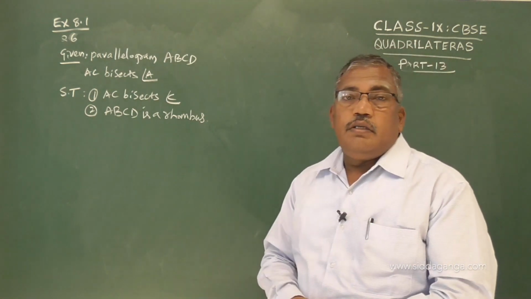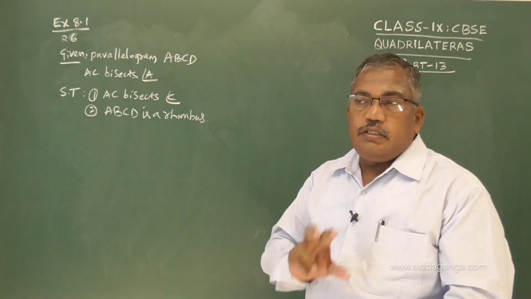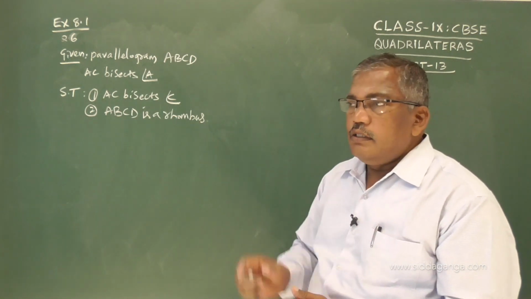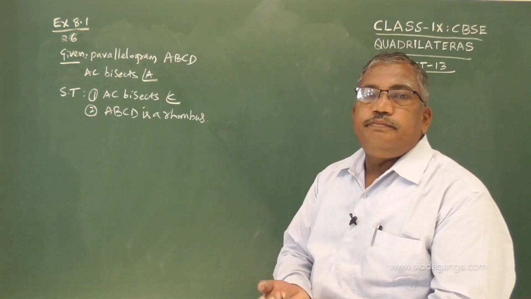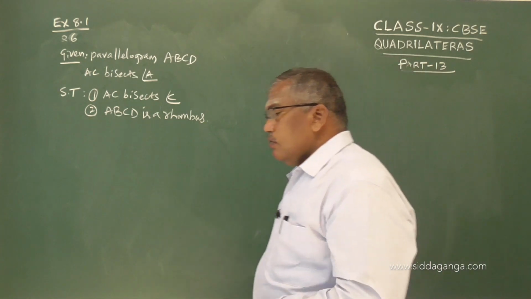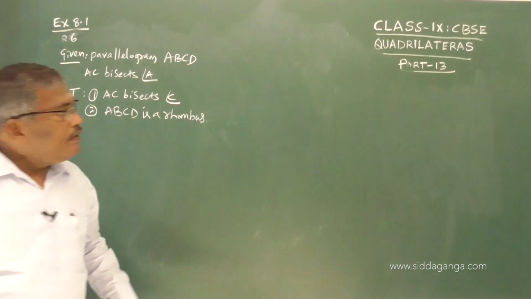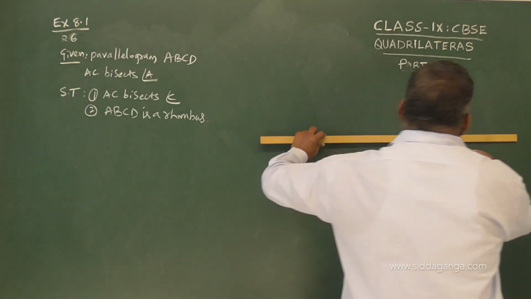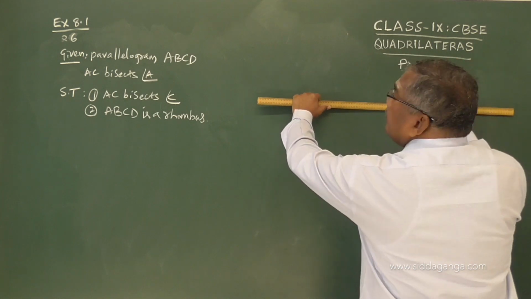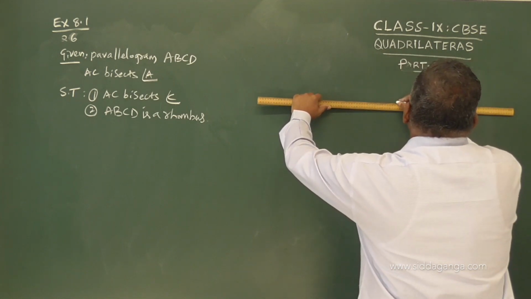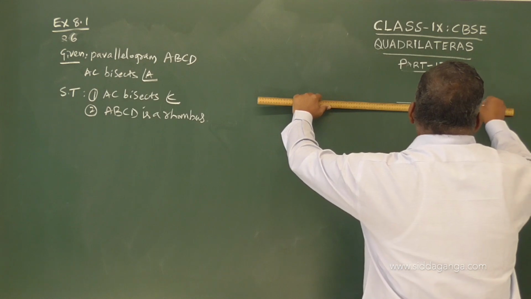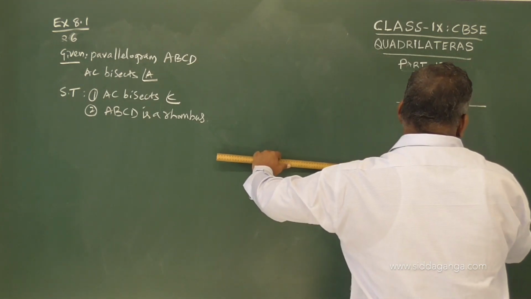A rhombus is one in which all four sides are equal and opposite angles are equal. So, that is the rhombus property. I will draw the parallelogram diagram, since a parallelogram is given.